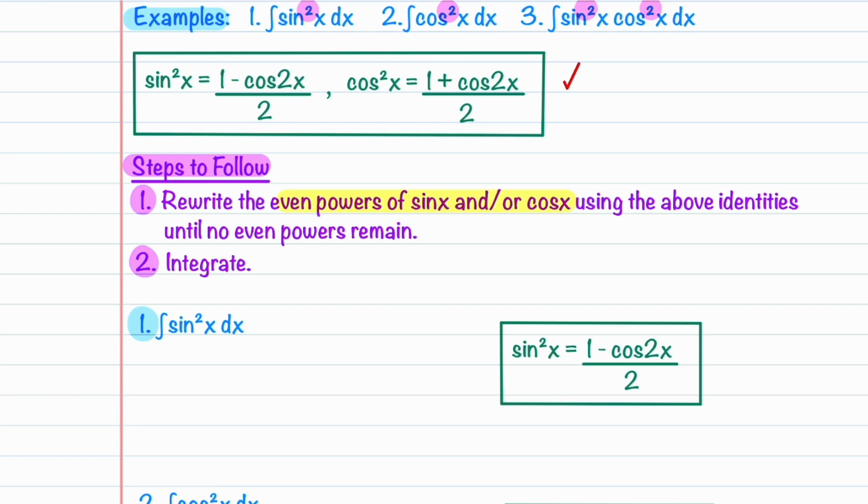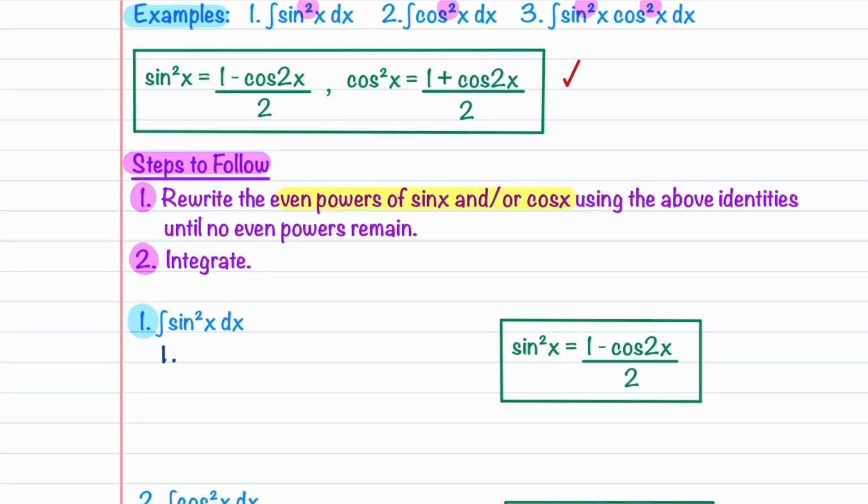It is the integral of sin²x dx. Following our first step, we are going to rewrite sin²x in terms of cosine 2x. I put that identity right over here on the right. Notice in this identity that there is a negative in front of the cosine 2x. Let's go ahead and plug that in.